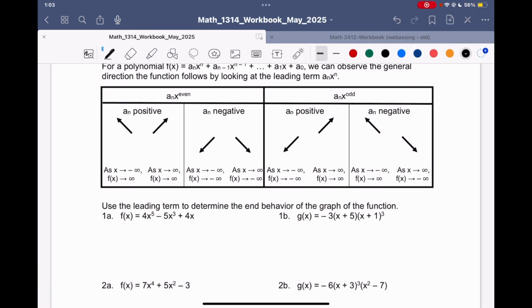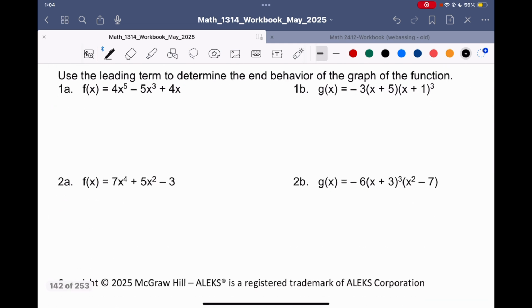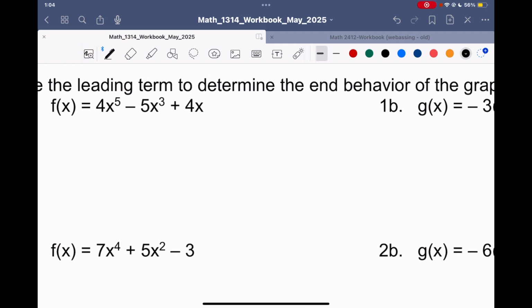On 1A, it says use a leading term to determine the end behavior. So these are the different cases. Case 1, case 2, case 3, and then case 4. Use a leading term. First, you need to find the leading term, so let's just highlight it. The leading term here is 4x to the 5th.